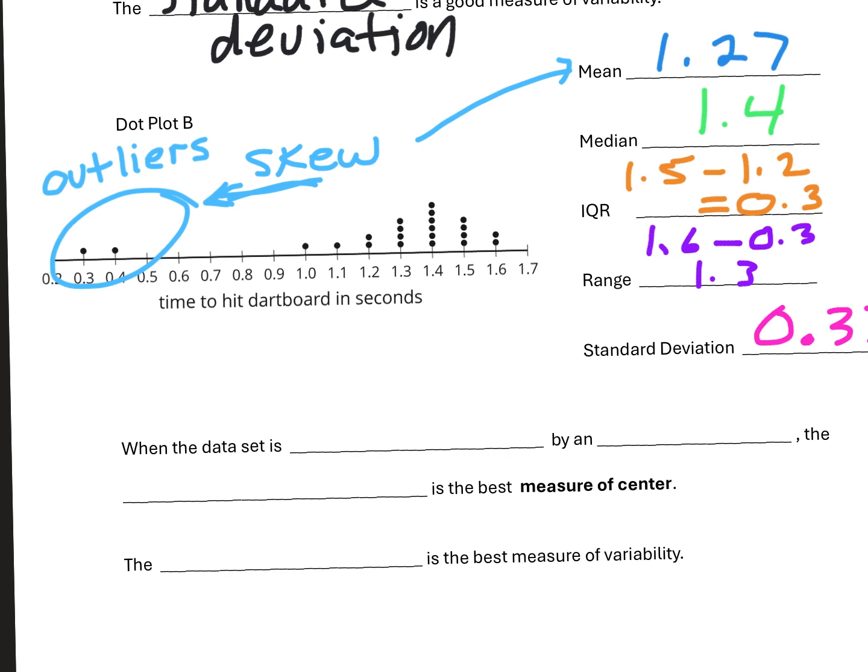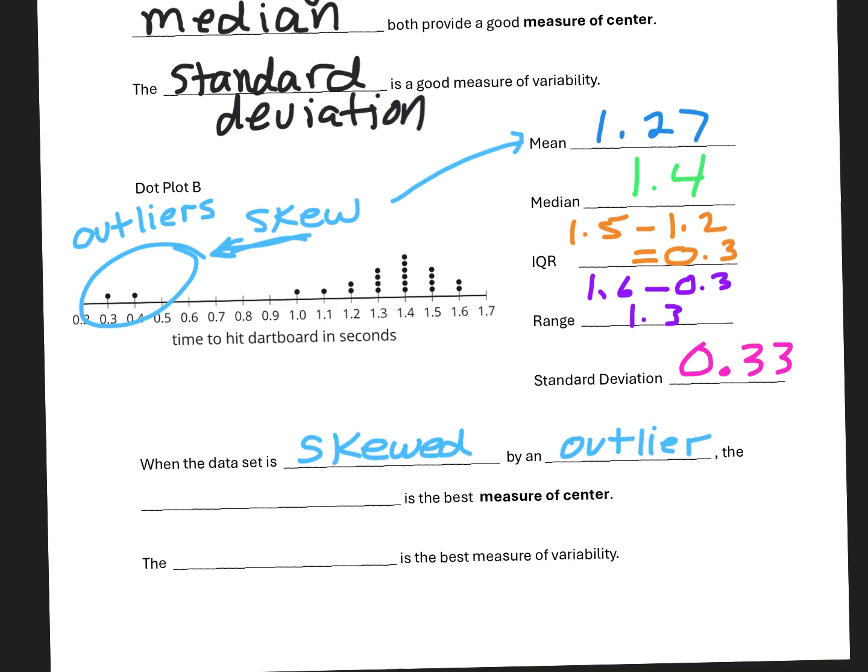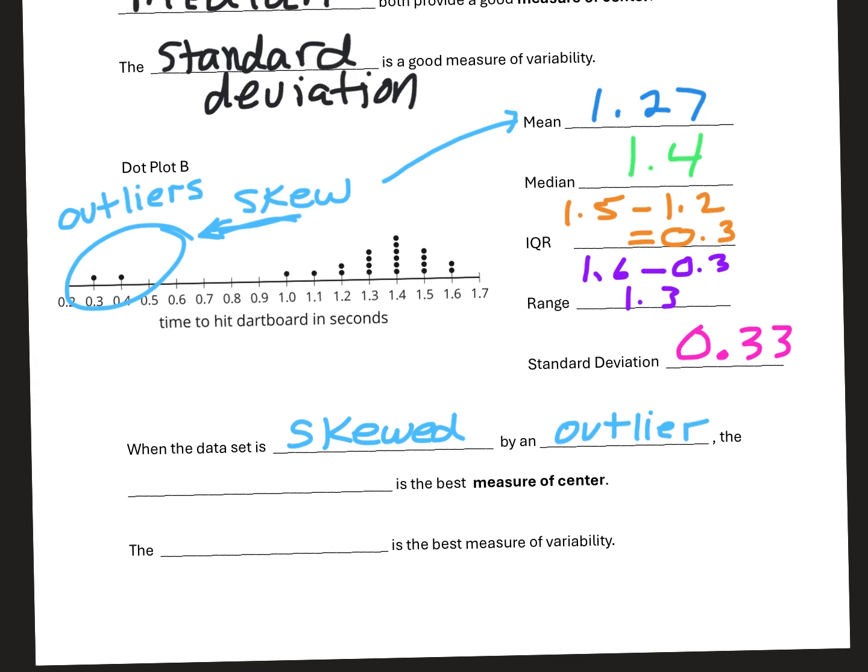So when the data is skewed by an outlier, the mean is not going to be the best measure of center anymore. You just want to use the median, because the median still stays the same even though there are those outliers there, because the middle is still the middle.